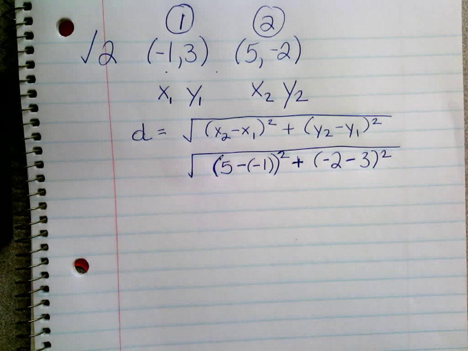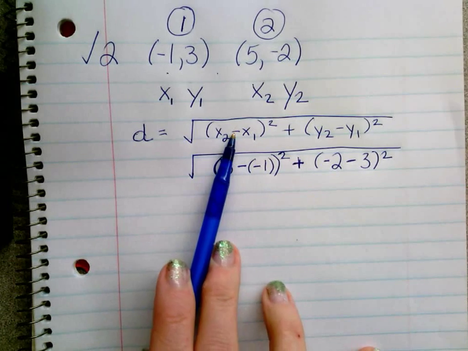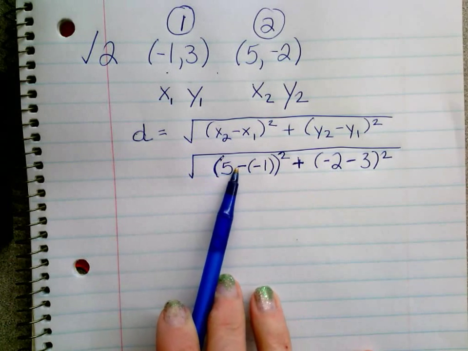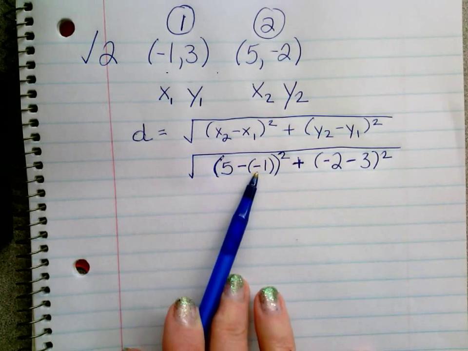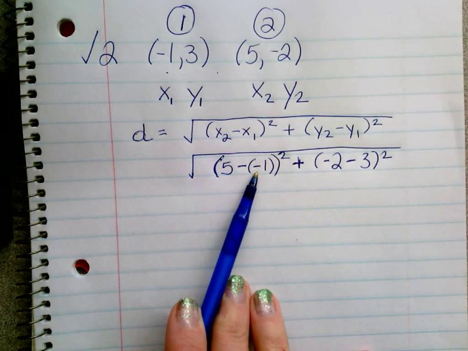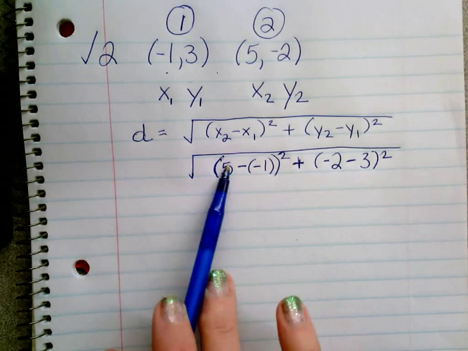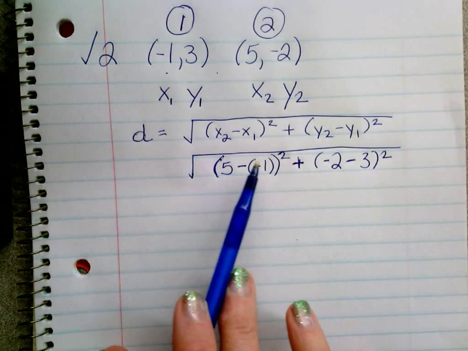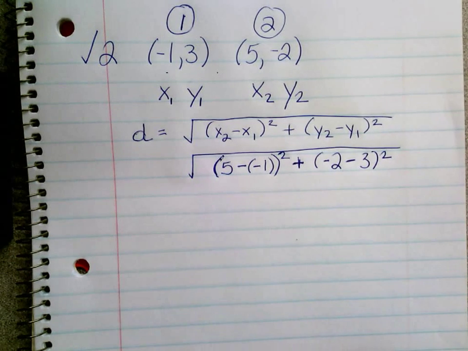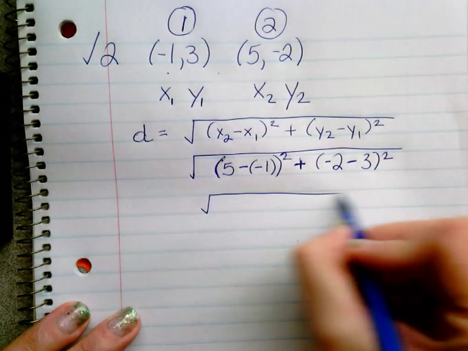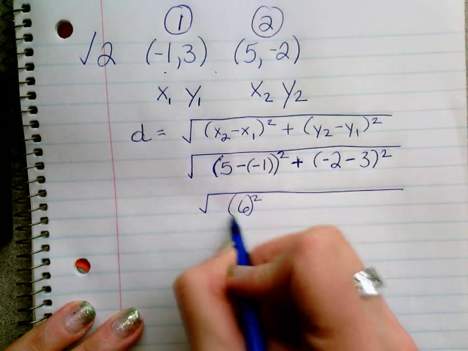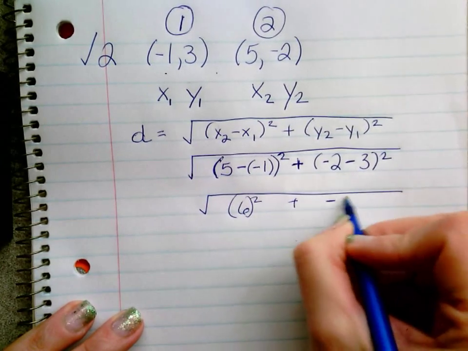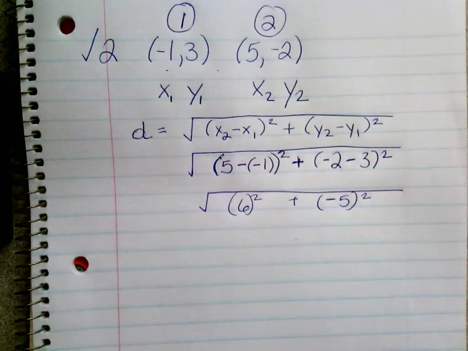Plug them in. Make sure that you recognize that this subtraction sign still exists even when the number for x sub 1 is a negative, or if the y sub 1 is a negative. That subtraction sign is separate from the negative value of the number. 5 minus a negative 1, so that's 6, right? 6 squared. And this is a negative 5, am I right?